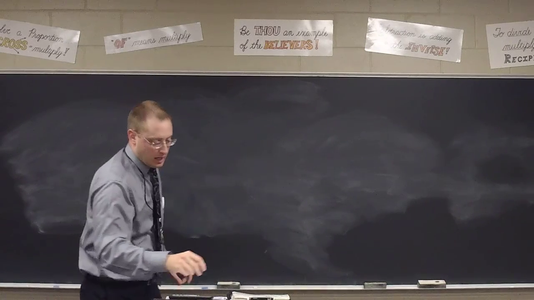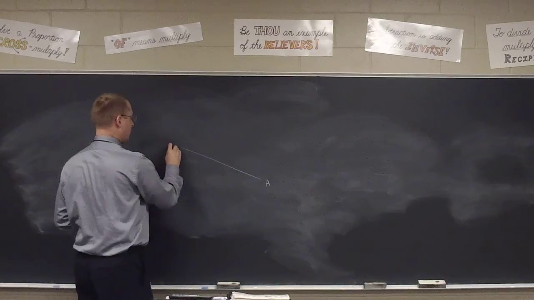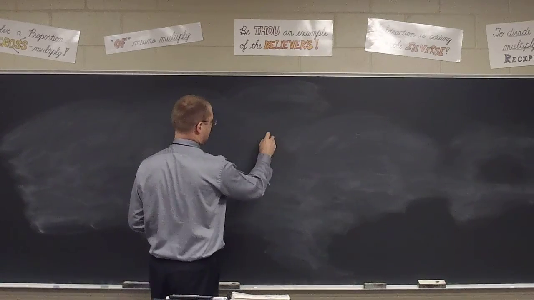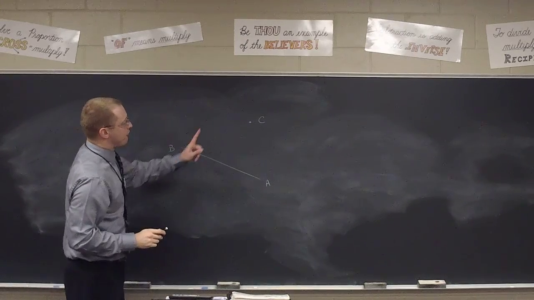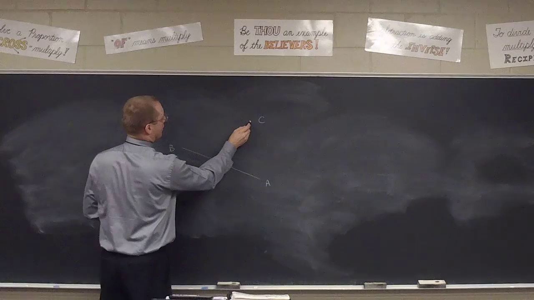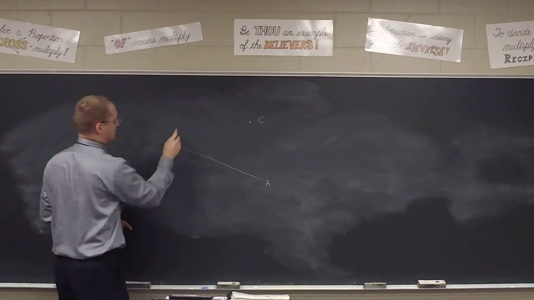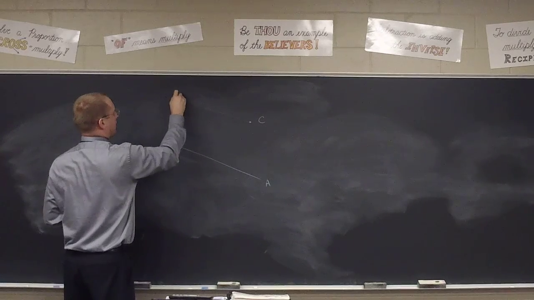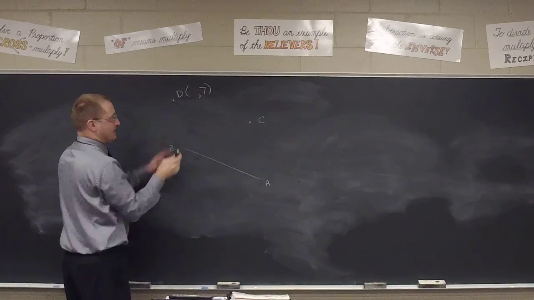Here's the idea. I've got a line, AB. I've got another point, C. From C, I can draw a parallel. At some point, D is going to have an ordinate of 7.